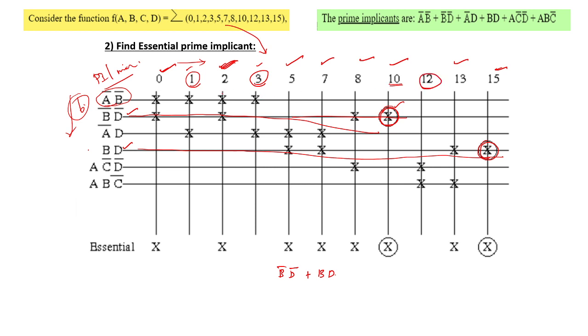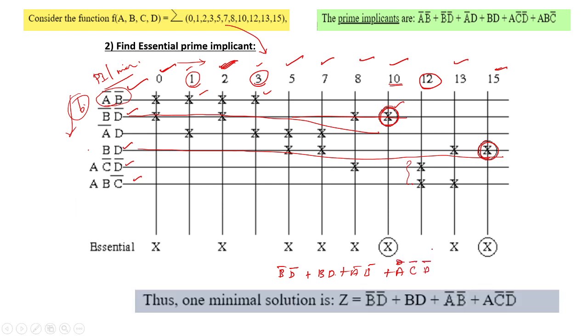So we have to consider any one prime implicant which covers these three minterms. If we consider A bar B bar, it covers 1 and 3, and 12 is covered in any one of these. So we can consider any one of these, let it be A C bar D bar. So the answer is, this is our essential prime implicant. At last we got it. Thank you.